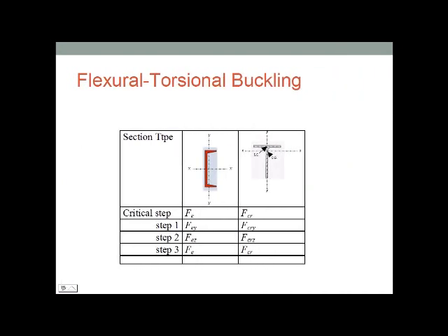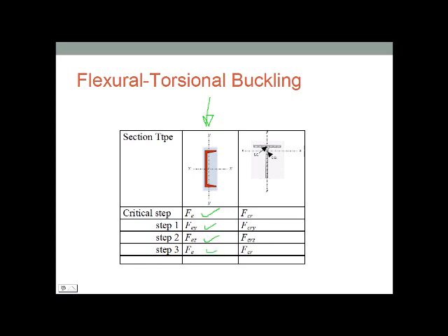Let's summarize the differences between channel and T sections when it comes to flexural-torsional buckling. For channels, the critical step is Fe. To calculate Fe, you have to go through 3 steps. Step 1, calculate Fey. Step 2, calculate Fez.